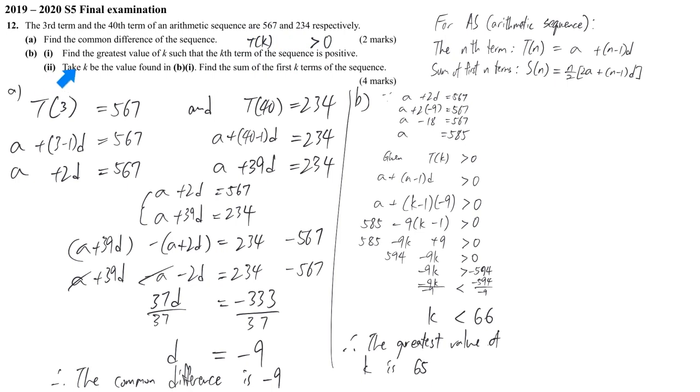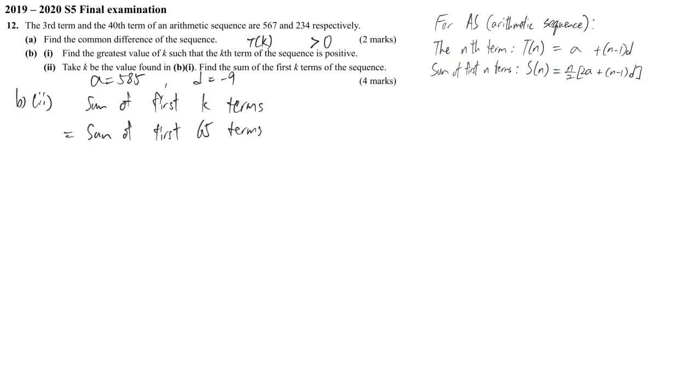In part B2, we take k to be the value found in B1. We are going to find the sum of the first k terms, so we just need to apply this information. We have all the information about A and D and also k, so it's really easy for us. That means we are finding the sum of the first 65 terms.